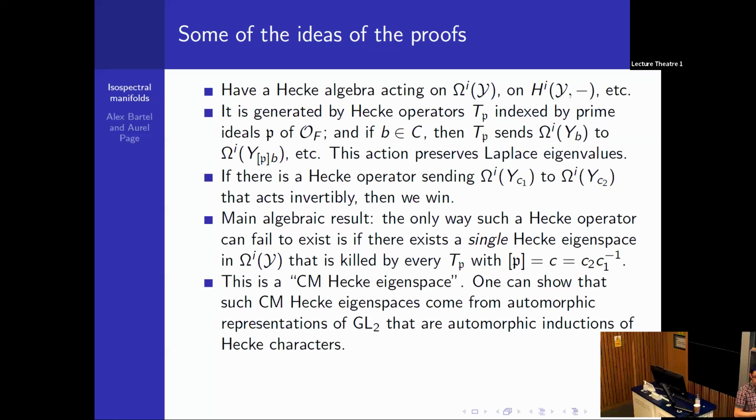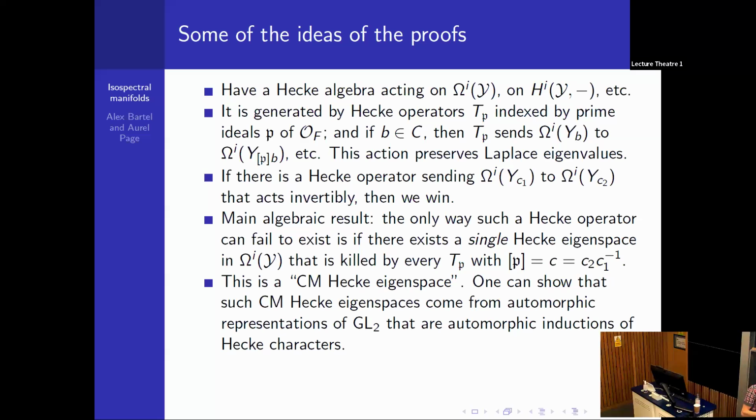And so now we have a very strong restriction on when you might fail to find such an invertible Hecke operator. You need to have an automorphic representation of GL2. Well, really an automorphic representation of the quaternion algebra that transfers to the GL2 side, where on the GL2 side, it's an automorphic induction of a Hecke character.